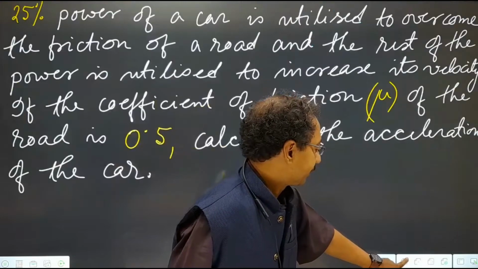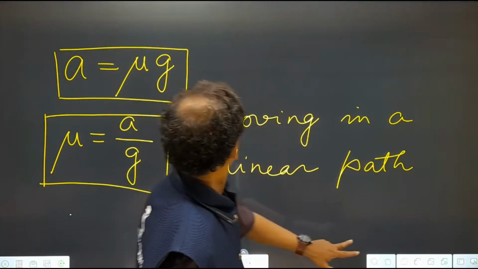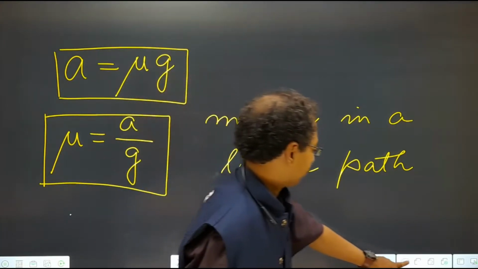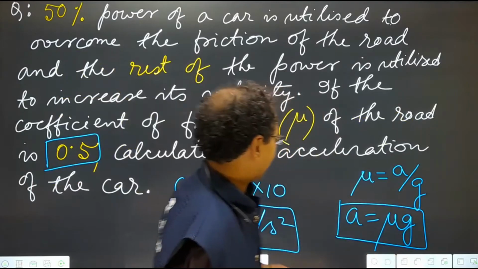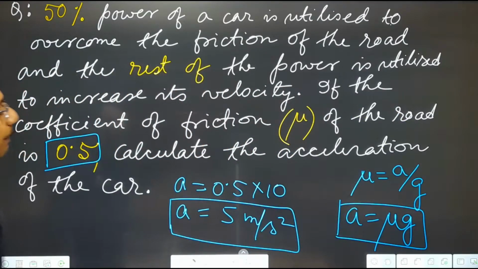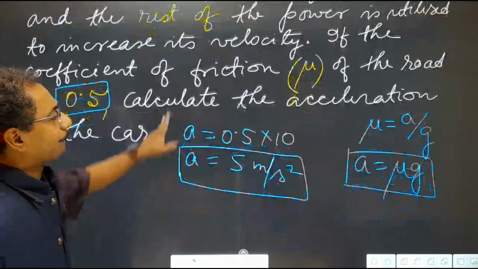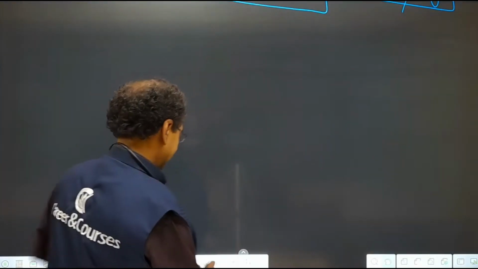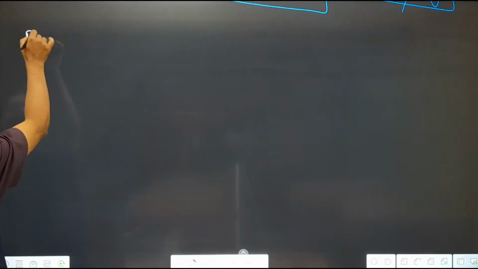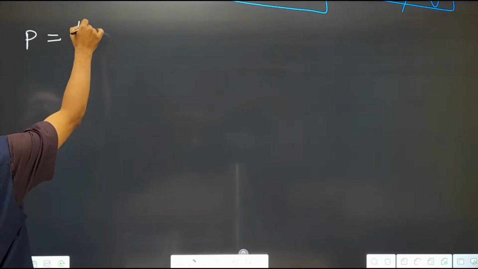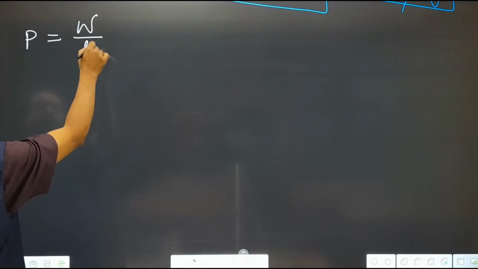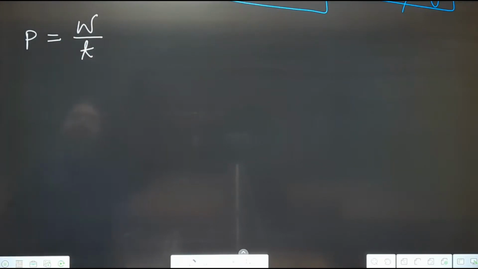Now, in this question, we have to find out the general method. Remember, what do you mean by power? Power means rate of doing work. So algebraically we can simply write W by t. Actually it should be dW by dt.